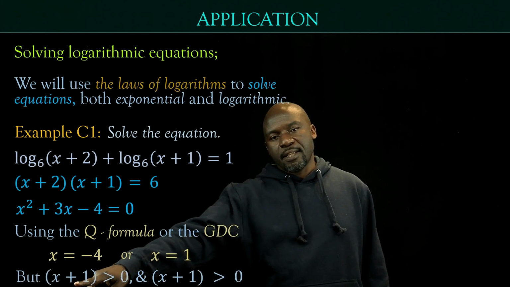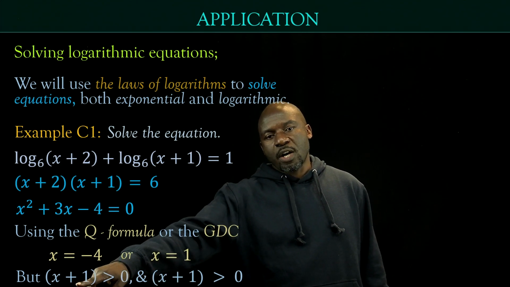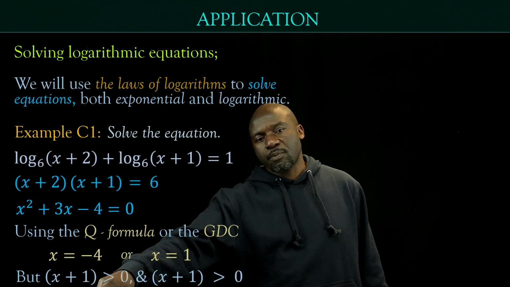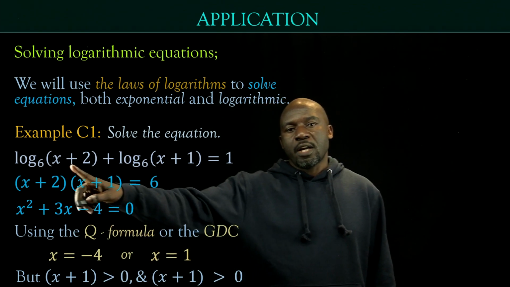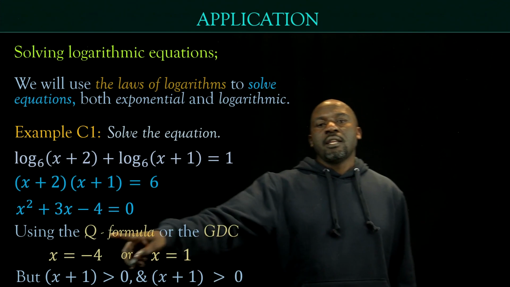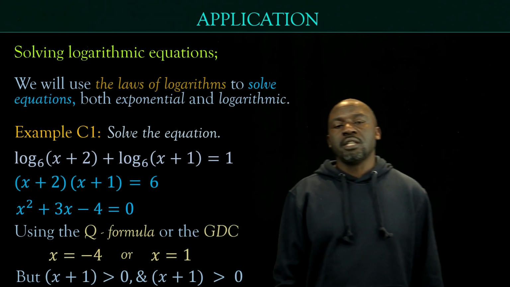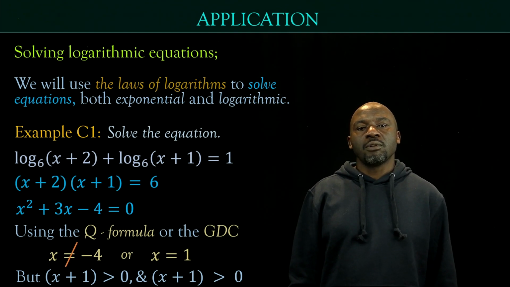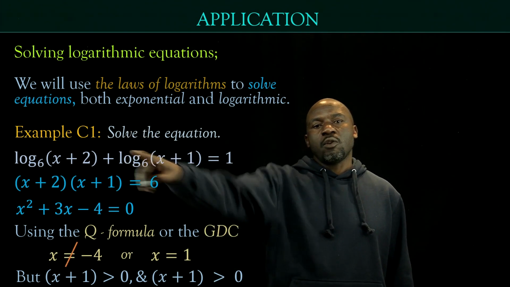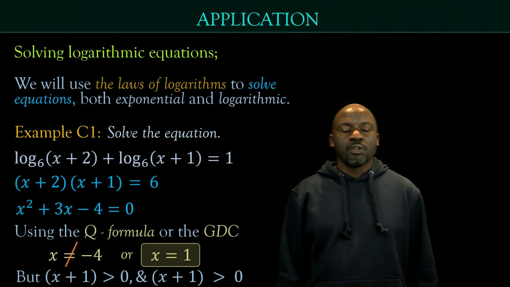So, since the arguments x plus 1 and x plus 2 both are supposed to be greater than 0, the solution x of -4 is disqualified, and therefore our solution to the logarithmic equation that we were given is simply x equal to 1.